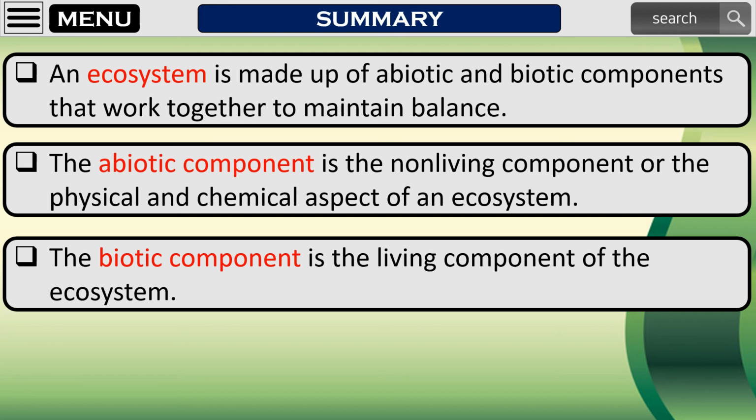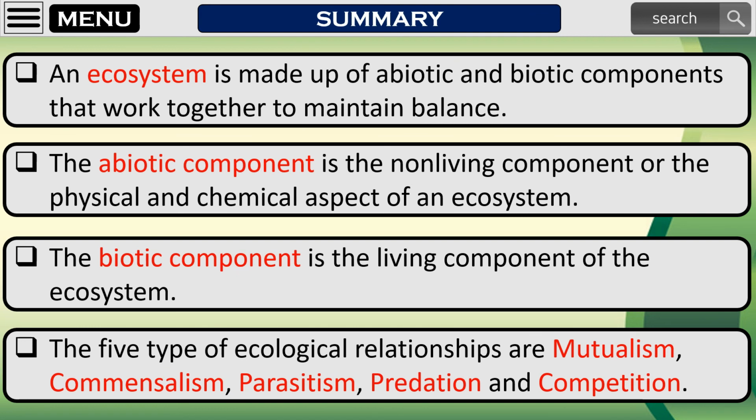This includes all organisms that are dependent on each other, meaning each organism has a relationship to other organisms. The 5 types of ecological relationships are mutualism, commensalism, parasitism, predation, and competition.